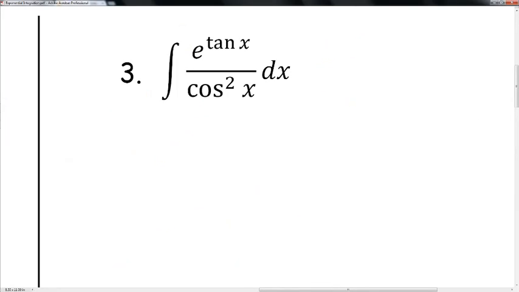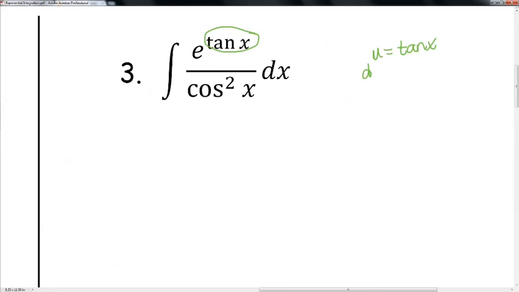Alright, number 3, find the antiderivative of e to the tangent over cosine squared of x. And again, I tell you that e is going to be your u. So let's have u equal tangent of x.